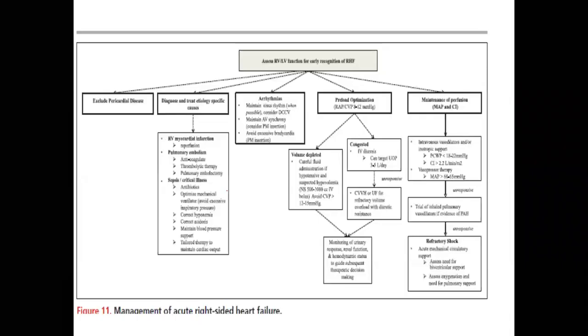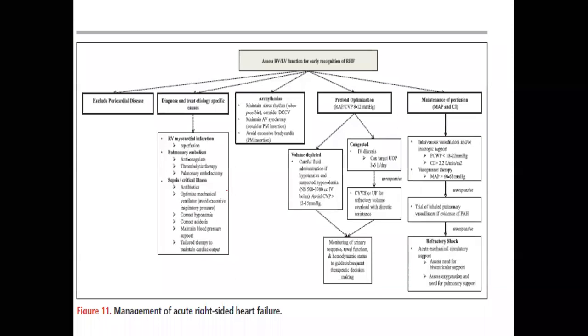Okay. So this is the last slide, which is obtained from the 2018 American Heart Association recommendation for right side heart failure. Just a revision of what I have said. One thing which we probably need to discuss is arrhythmia management. Some causes of right side heart failure are arrhythmogenic, like arrhythmogenic right ventricular dysfunction, and patients are also having atrial fibrillation.